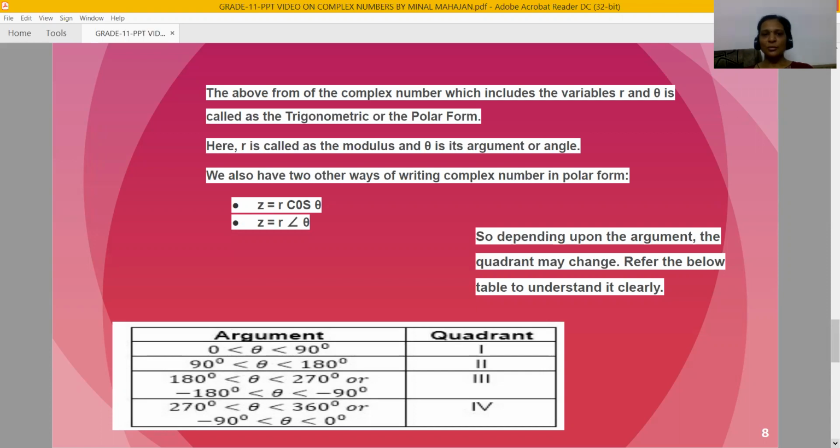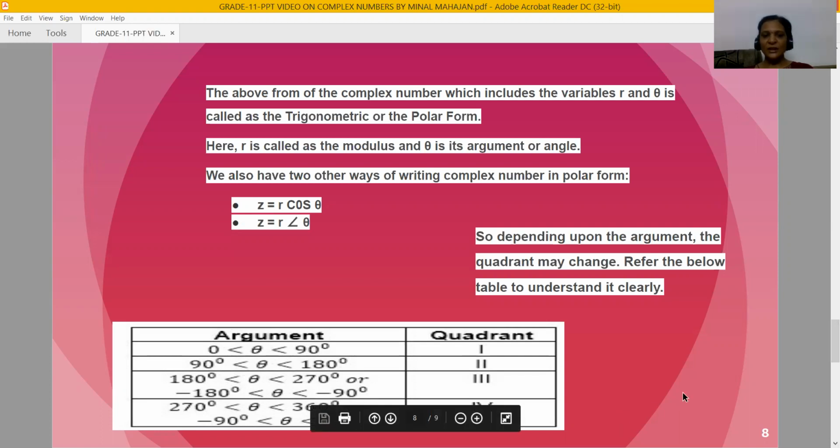We also have two other ways of writing a complex number in polar form. z is equal to r cis theta, that is z is equal to r of angle theta. So depending upon the argument, the coordinate may change. Refer to the below table to understand it clearly.